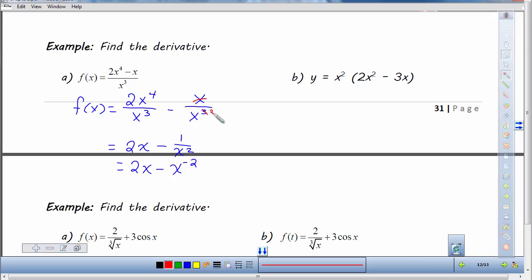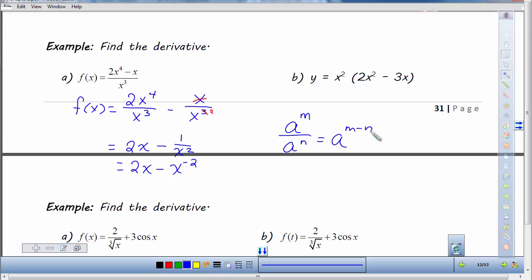The algebra rule for dealing with this is a to the m over a to the n is equal to what? A to the m minus n. That's going to be really important that we get comfortable with, because we'll be canceling out a lot of things between our numerator and denominator.